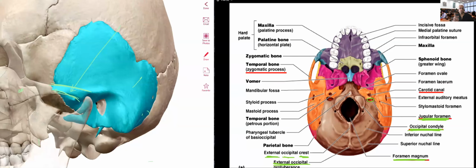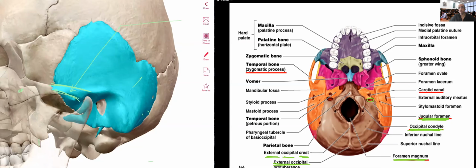Zygomatic process. Any other ideas? So identify the bone. What's the name of the bone? It's not the zygomatic process. It's the temporal bone. The zygomatic process is part of the temporal bone.